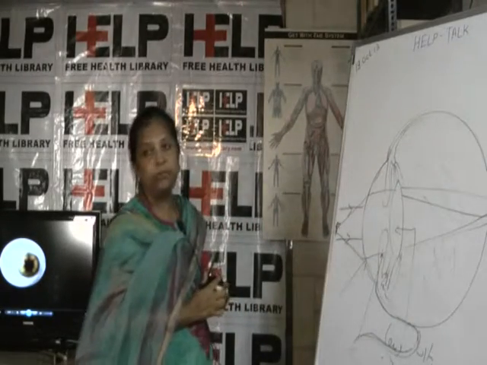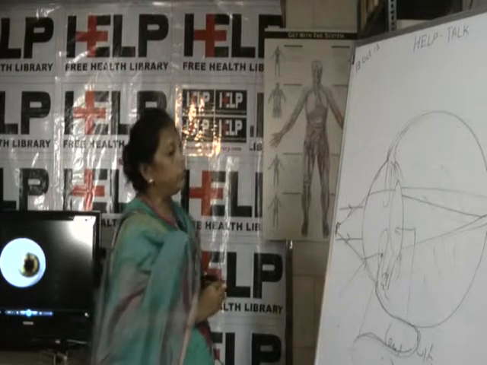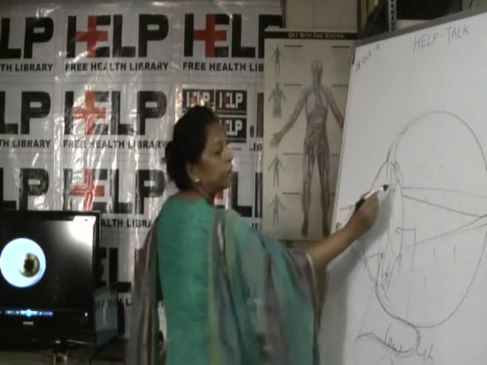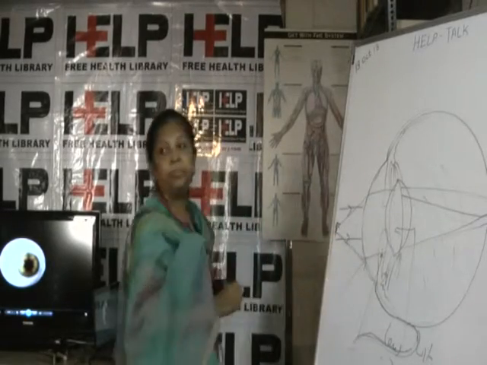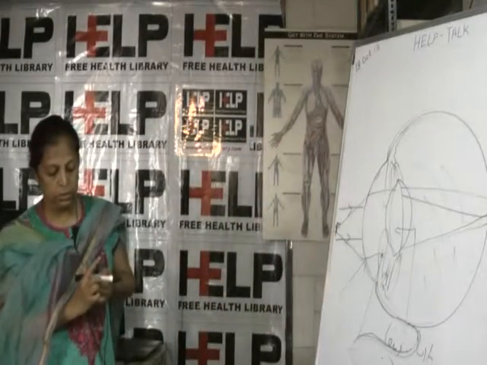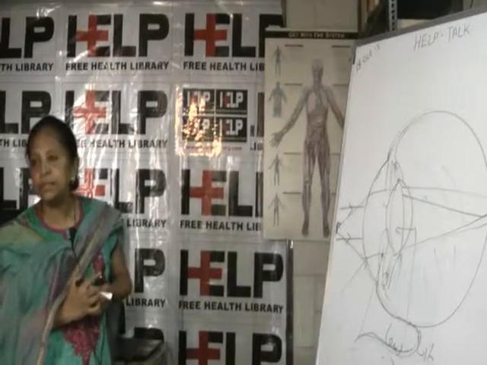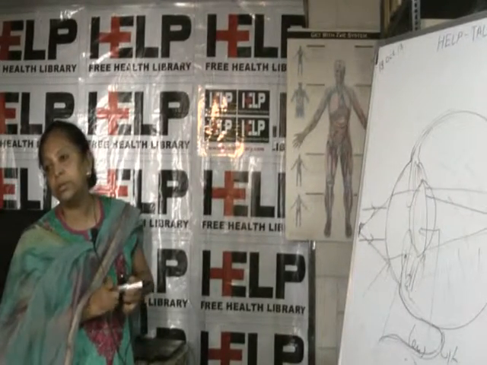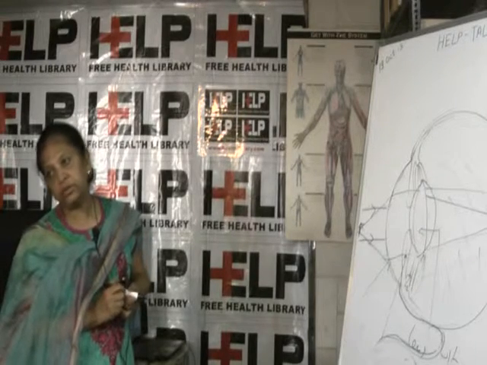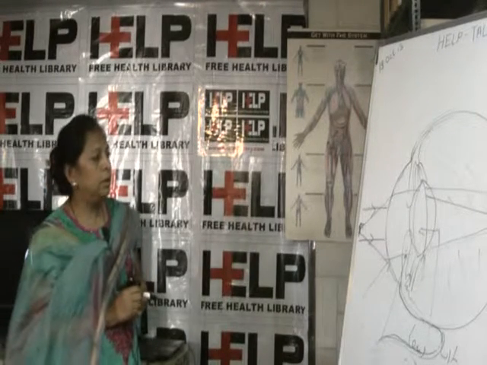But they will not focus behind because the lens will become more convex. The radius of curvature of the lens increases so that the rays of light will focus on the retina. So this is a function of your lens.